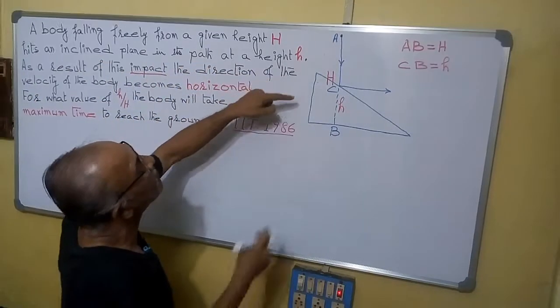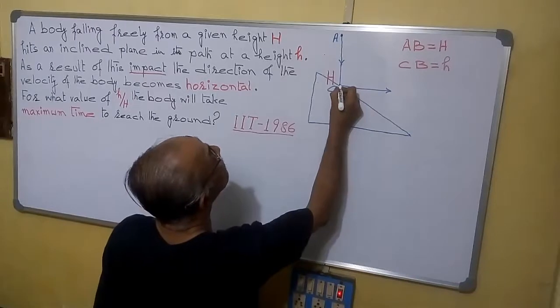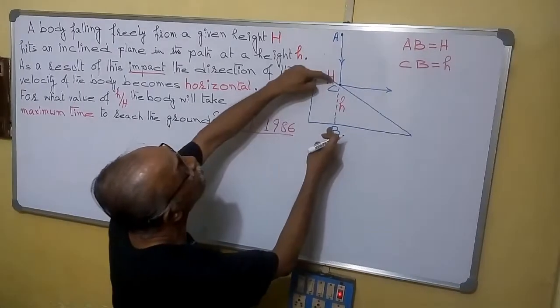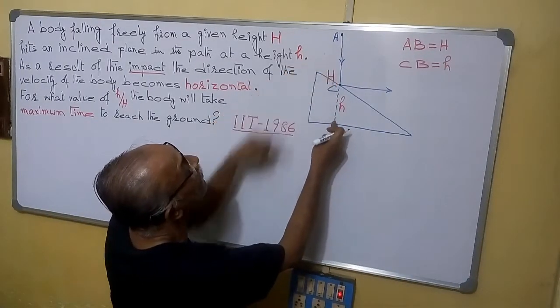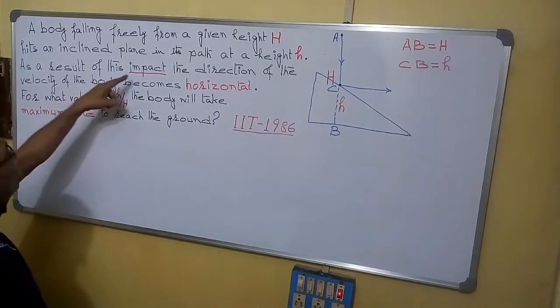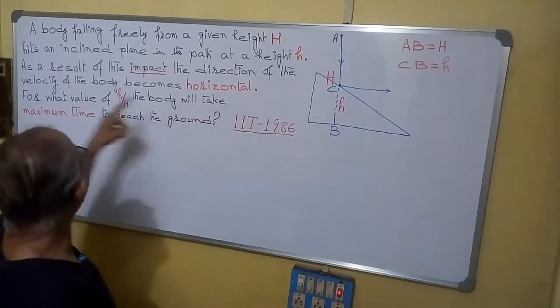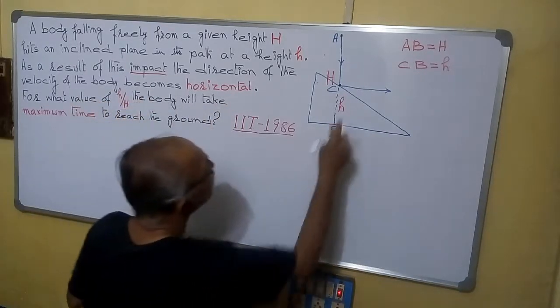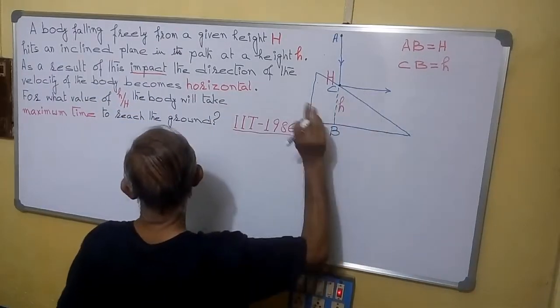Let us assume it hits the inclined plane at this point, which is at a height small h from the ground. As a result of this impact, the direction of the velocity of the body becomes horizontal.